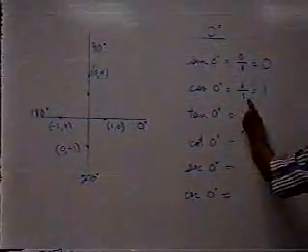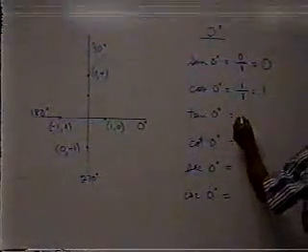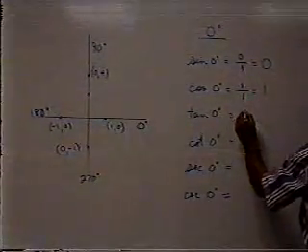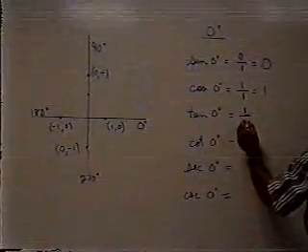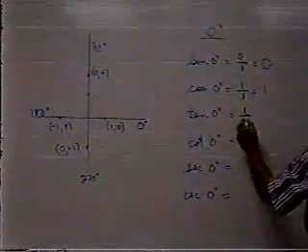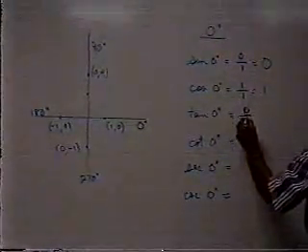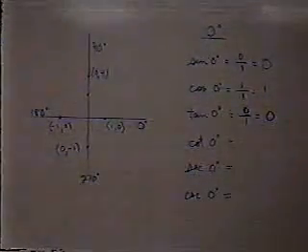All right, then cosine of 0 degrees is 1 over 1. Tangent is y over x. Well, y is 0 and x is 1. Well, that's also 0. All right.